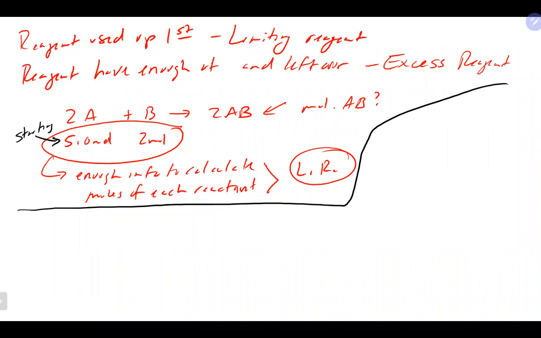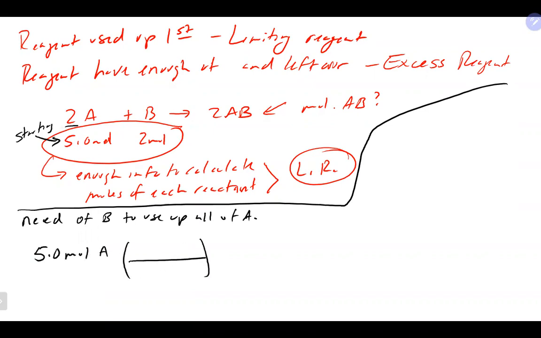So for example, I would figure out here how much I need of B to use up all of A. In my made up example, I would start with my starting moles of A. Going from the equation, it is a 2-to-1 relationship, which means for every 2 moles of A, I get 1 mole of B, which means I end up with 2.5 moles of B needed in this case.